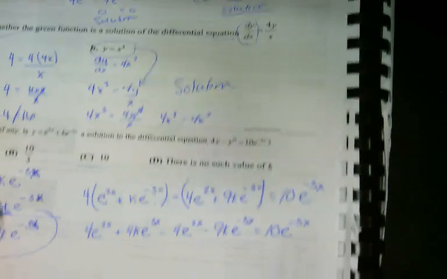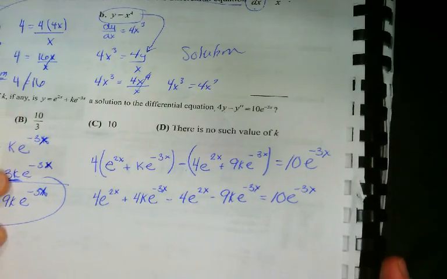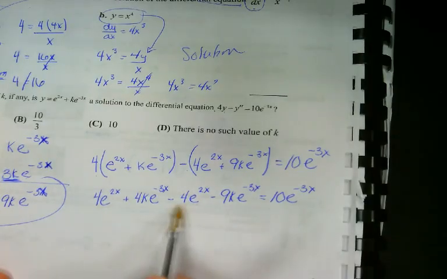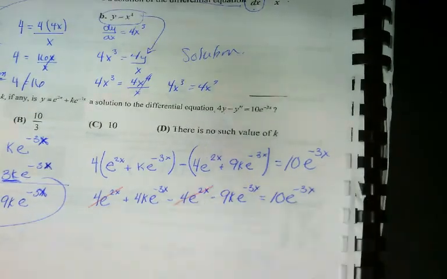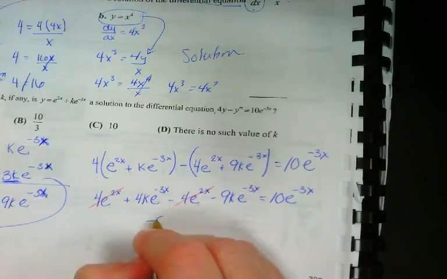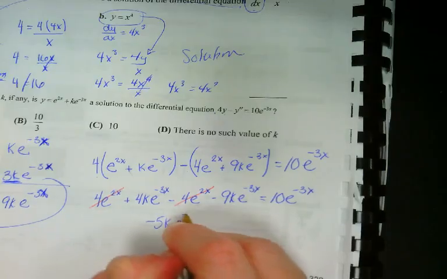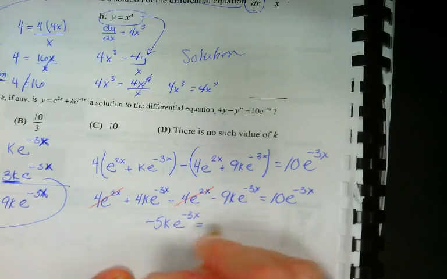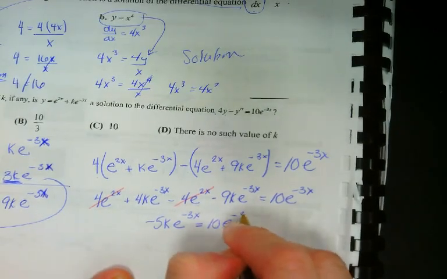Now, typically something nice happens, and I think it is happening here. I think my 4e to the 2x's are canceling. Those are opposite signs. And then I have like terms, of course. 4 minus 9 should get me a negative 5k e to the negative 3x equals 10e to the negative 3x.